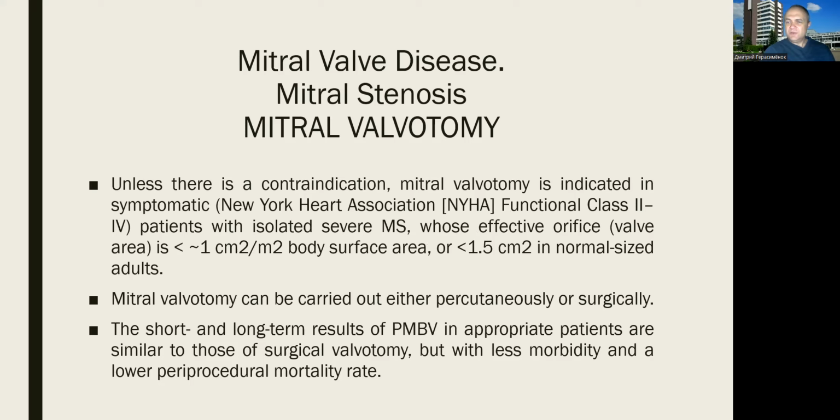Mitral valvulotomy can be carried out either percutaneously or surgically. The short and long-term results of percutaneous valvulotomy in appropriate patients are similar to those of surgical valvulotomy, but with less morbidity and lower periprocedural mortality rate.